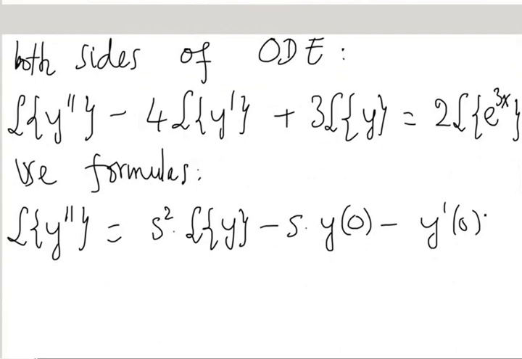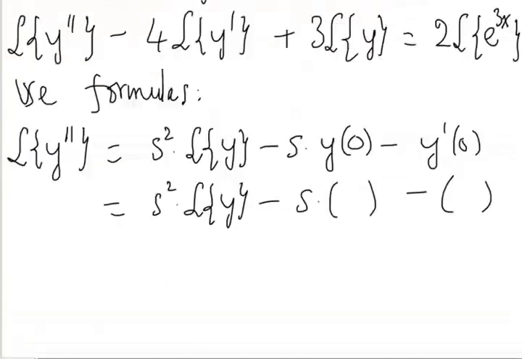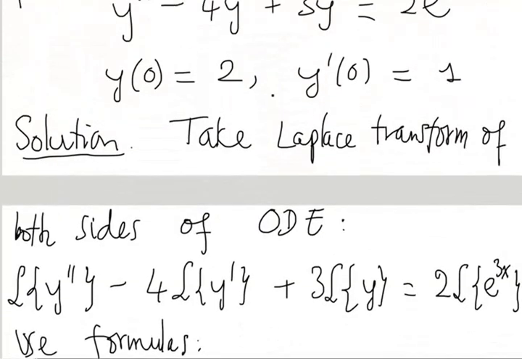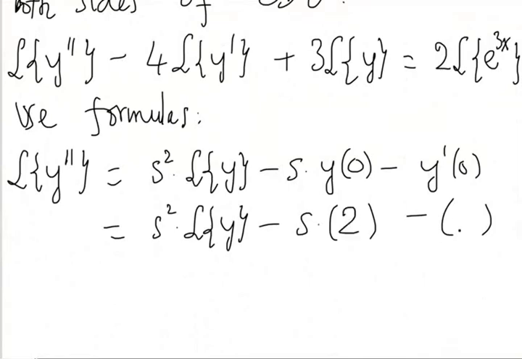The derivative goes in the last piece here. And we have s squared Laplace transform of y minus s times y0, then minus y prime of 0. Y0 is 2, and y prime of 0 is 1. We have 2 here, and then 1 there. Meaning that we have minus 2s minus 1.